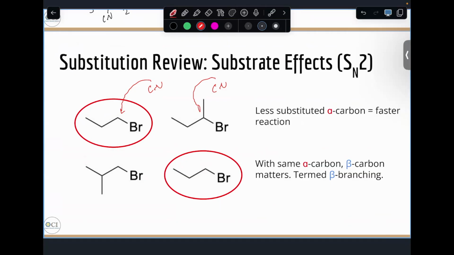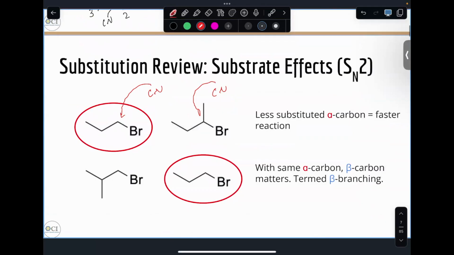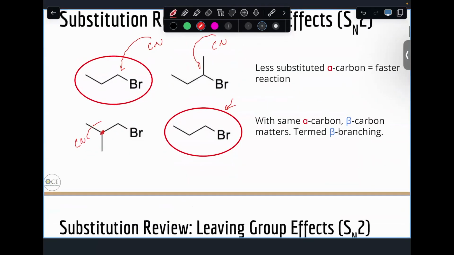It's like pushing it out. So it's no good. That also matters with beta carbon. If we try to do a backside attack, it's like, oh, there's stuff in the way. It's like, I don't like that. So it prefers this. How's my pacing? Y'all think I'm going too fast or good? We're good? Okay.